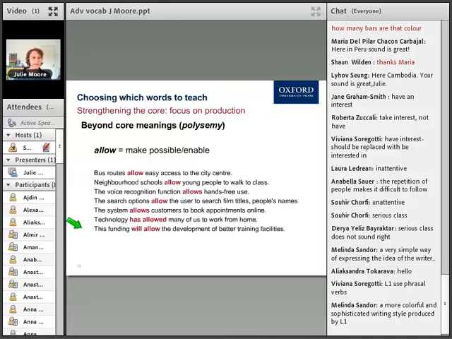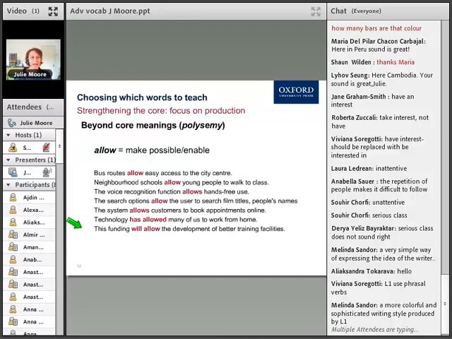So what I would do here is I'll give my students a set of example sentences using this meaning of allow, to make something possible or enable them to do something. And I'll ask them to divide these sentences into 2 groups. And I'm going to ask you to do the same thing.